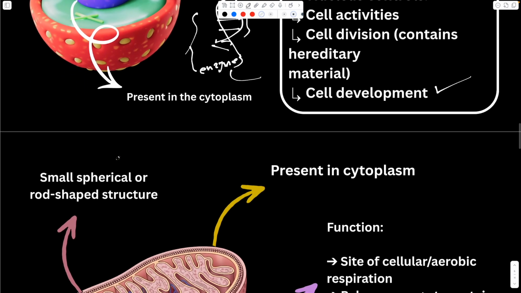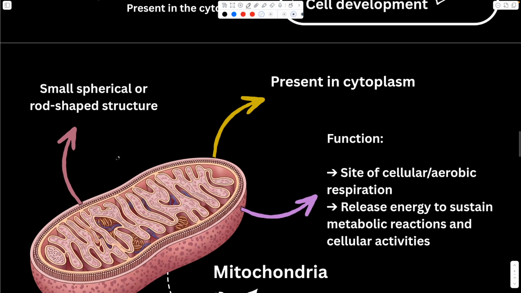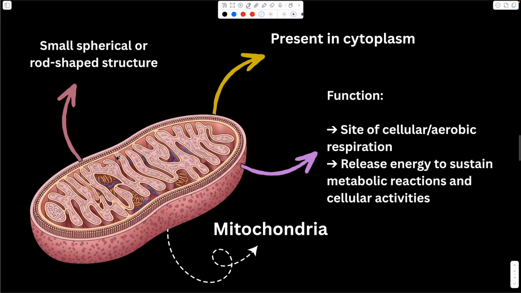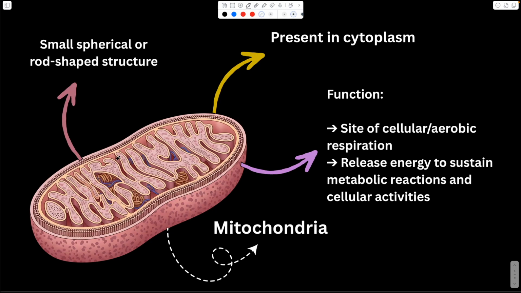Now let's look at another structure. I think I talked a little bit to you guys about this. This structure is known as mitochondria. So what is mitochondria? Mitochondria is nothing but the powerhouse of the cells. Look at this beautiful structure of mitochondria. Let me tell you guys one interesting fact.